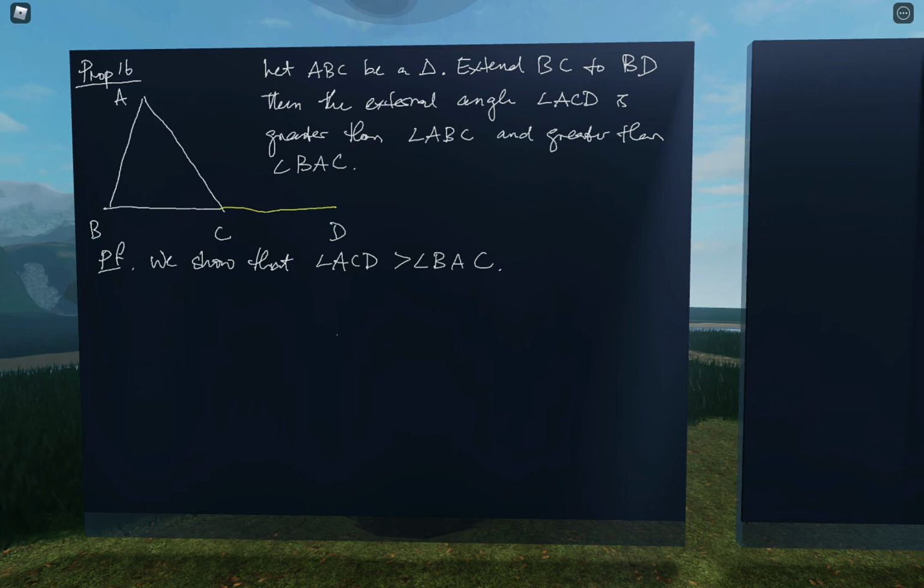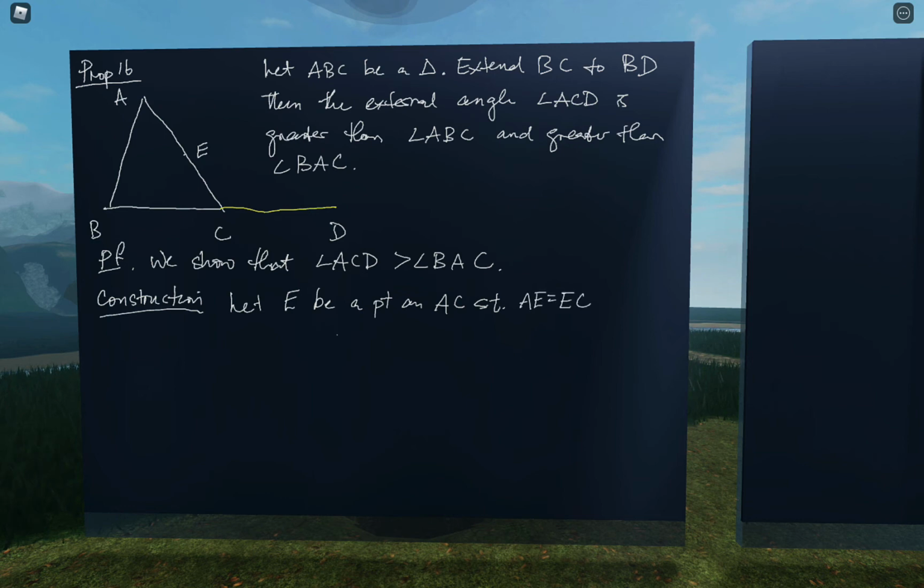So the construction. We're going to do a few things here to augment our diagram. I'll draw in the construction as we go. So we'll let E be the midpoint of AC, a point on AC such that AE is equal to EC.